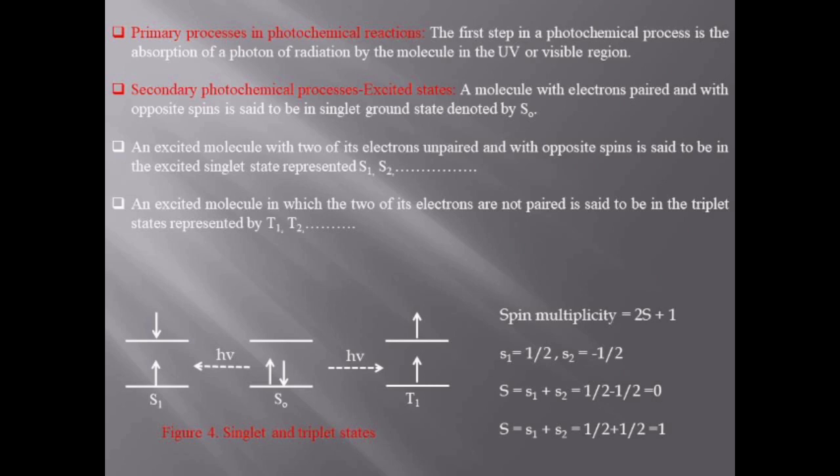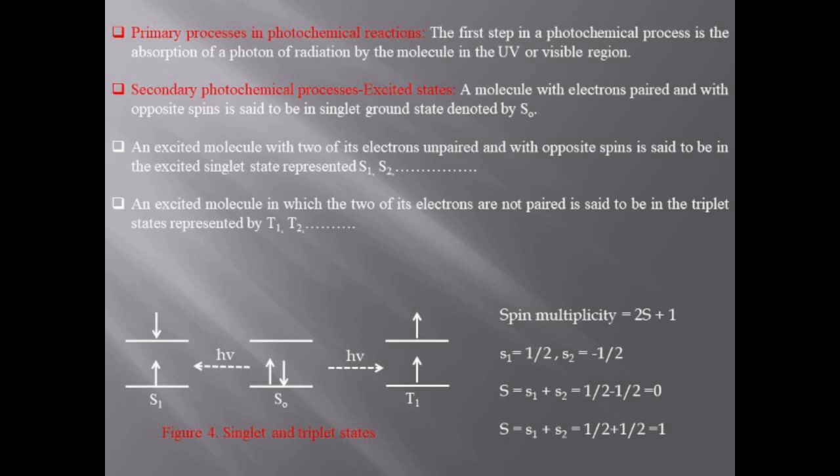The figure below is the schematic representation. In the middle figure, S0, that is the ground state, remains paired, and in the presence of light, S1 means that there will be opposite spin. However, for T1 it will be the same spin.